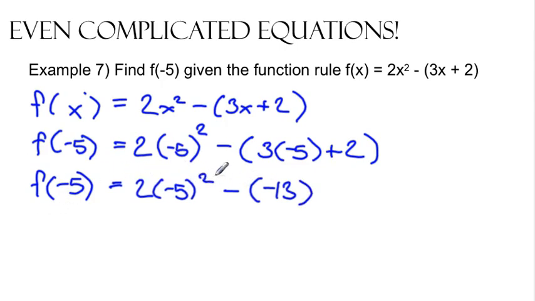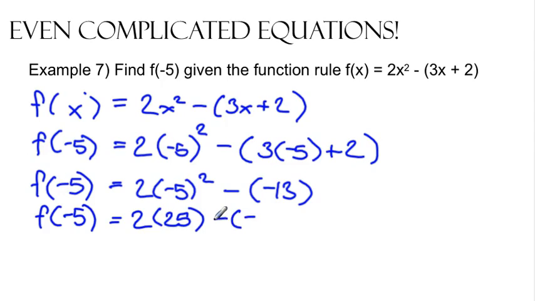Next up, I need to do any exponents. And so here I have an exponent of 2. So that would leave me with 2 times negative 5 squared, which means negative 5 times negative 5. So that would be 25 minus negative 13. Notice that it's minus and then inside here is a negative, so that is in fact minus a negative.